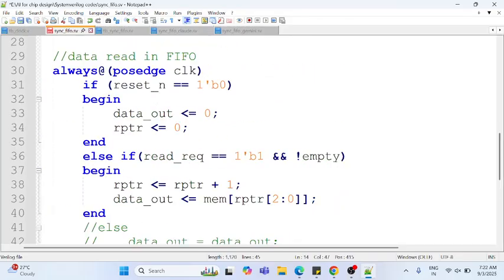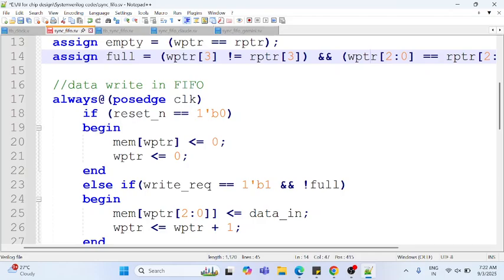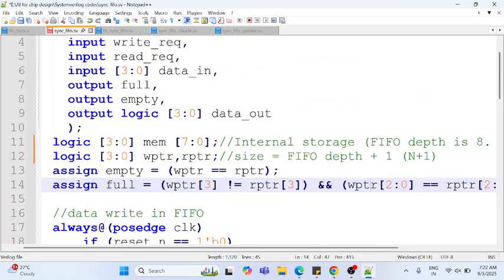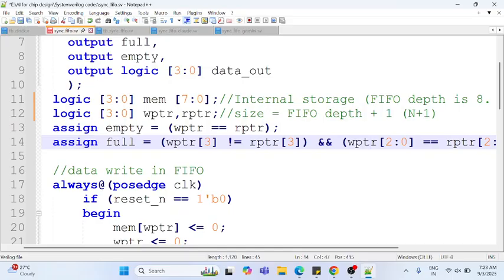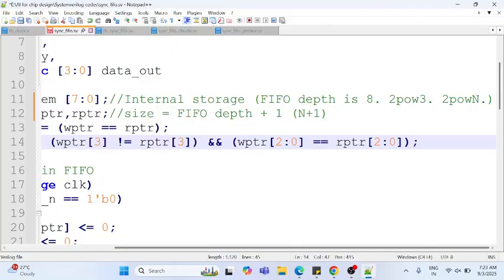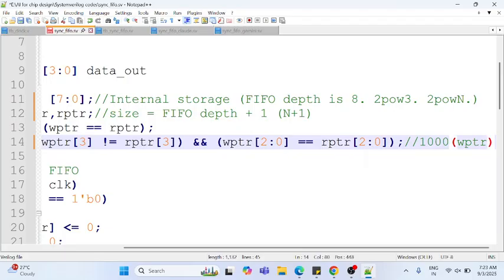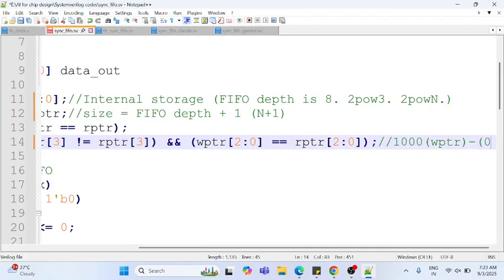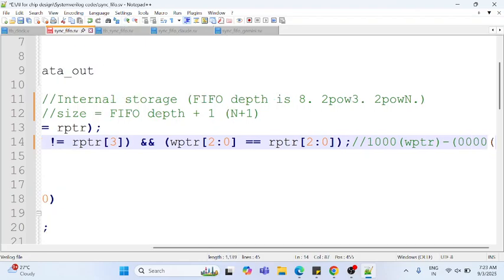For writing the data, we are going to use the full condition. We are going to check whether it is not full, then only we can write the data. When write pointer of 3 is not equal to read pointer of 3, that is one typical case. It can be like this: 1000 is the write pointer and 0000 is the read pointer.